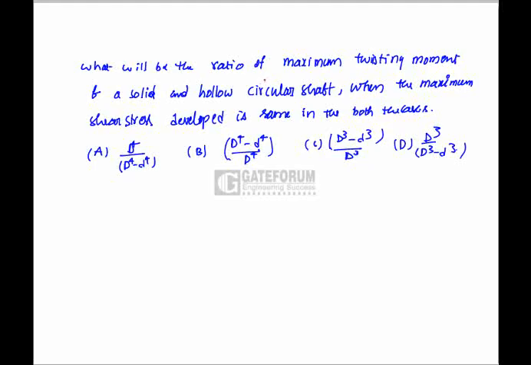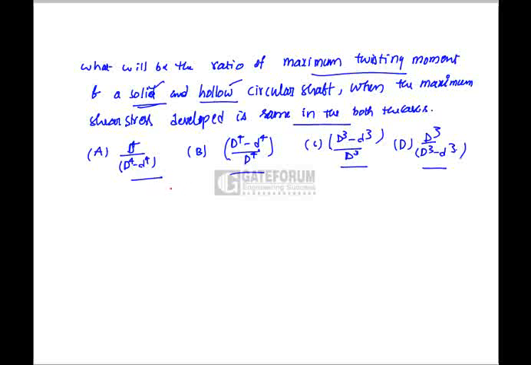What will be the ratio of maximum twisting moment of a solid and a hollow circular shaft when the maximum shear stress developed is the same in both cases? So by seeing the options, all other things are constant in the case of solid and hollow circular shaft, the diameter only is changing.